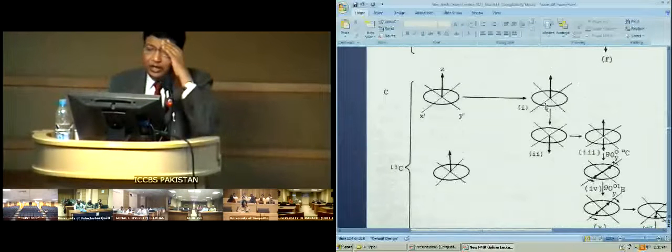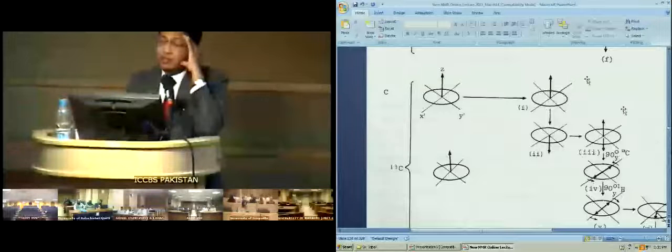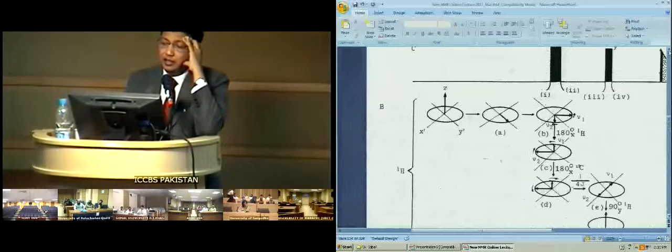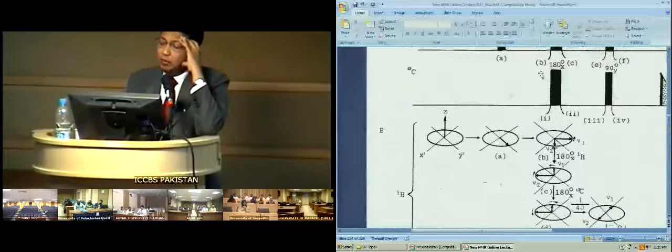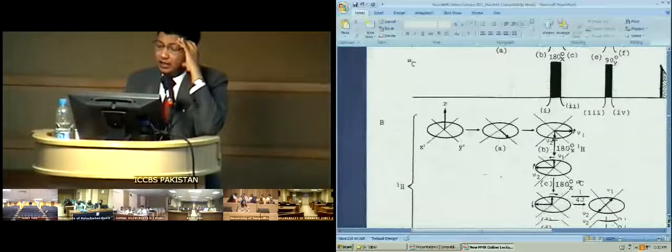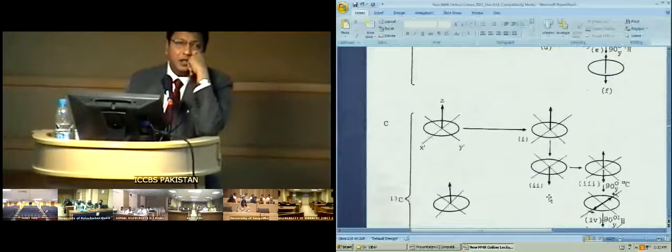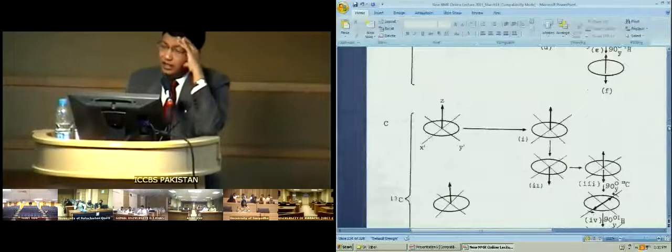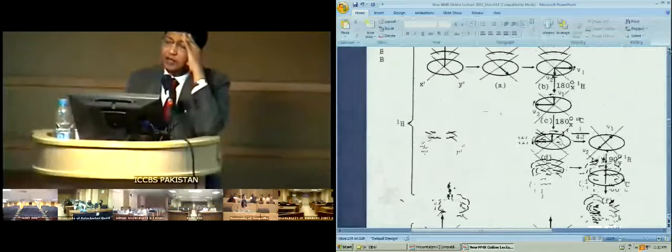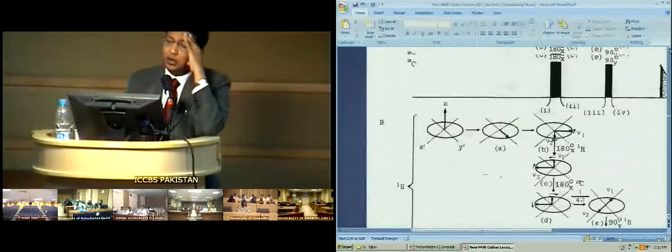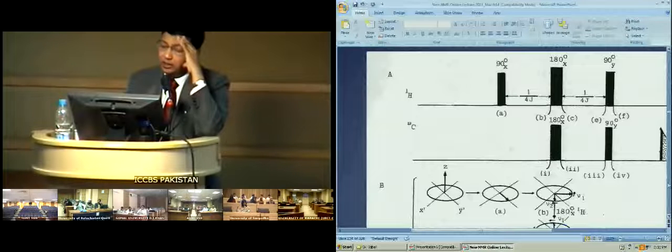When you provide a 180x pulse in the carbon domain, you have to keep all these things in mind, right? The 180x pulse in the carbon domain moves this to negative Z. Exactly at this point of time, a 90Y pulse has also been provided, which is your spin echo, the so-called spin population inversion pulse.